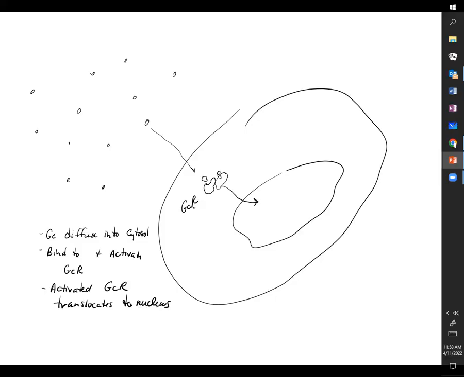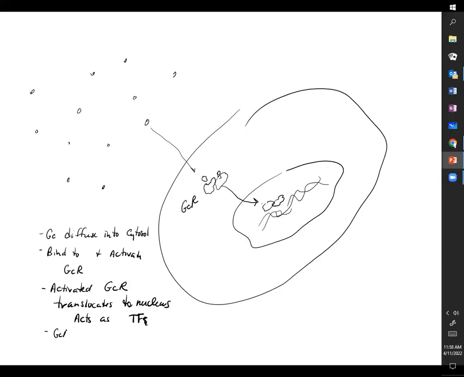Now get this. This is very, very cool. What's in the nucleus? Let me try to make a little helix in here. The glucocorticoid receptor is a transcription factor. The active glucocorticoid receptor acts as a transcription factor.